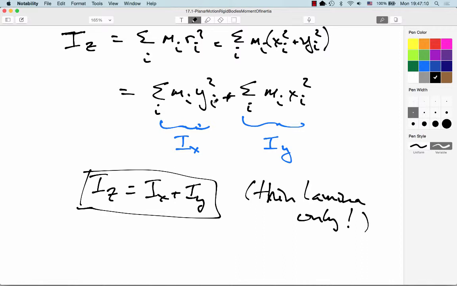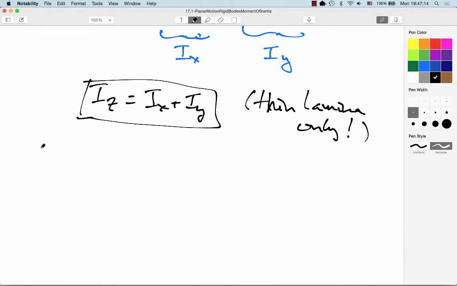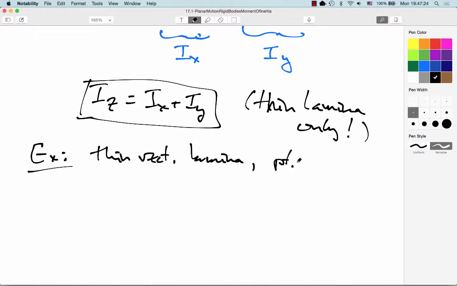Okay. So we can revisit our friend the thin rectangular lamina. So this is part 2. So again, same illustration as before. So x, y, z. The lamina lives in the xy plane.